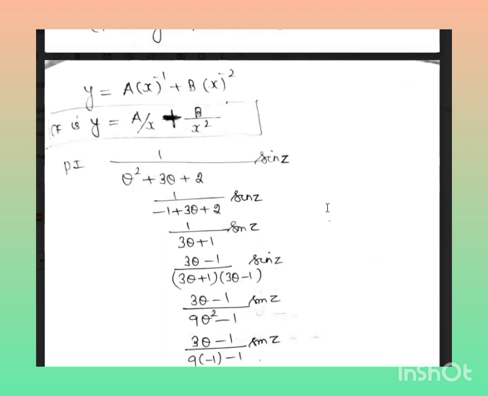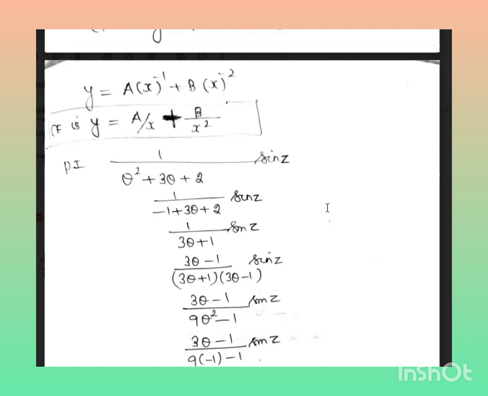So minus, within the bracket, 1 whole square. Minus 1 square, so minus of 1 square will be minus 1. So theta square is minus 1.